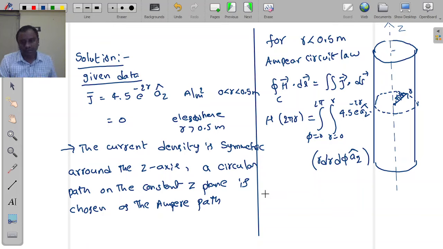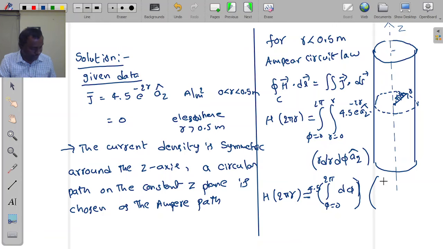Okay, so from this, H into 2 pi r equal to, I can separate this out: phi is 0 to 2 pi into d phi, and 4.5 you can bring out as a constant in front.